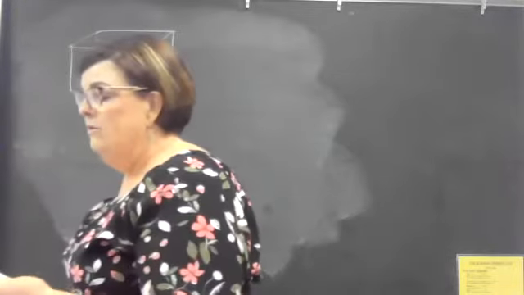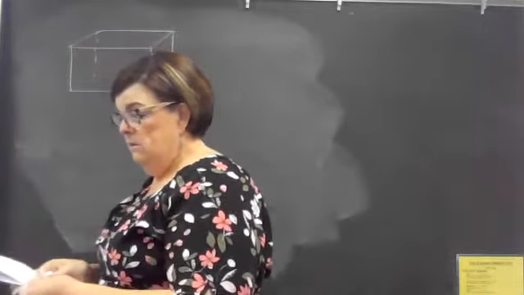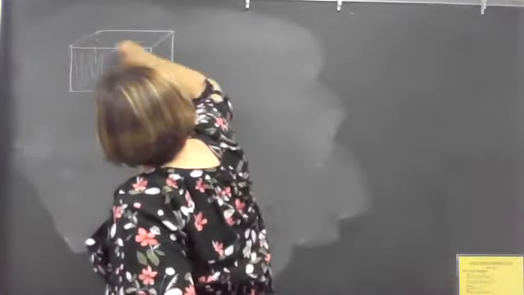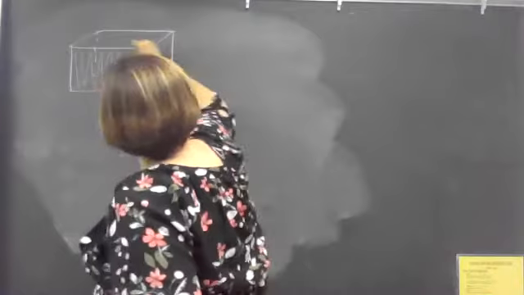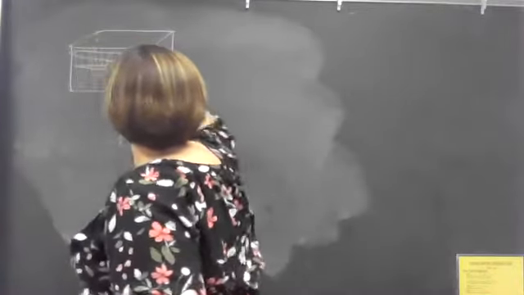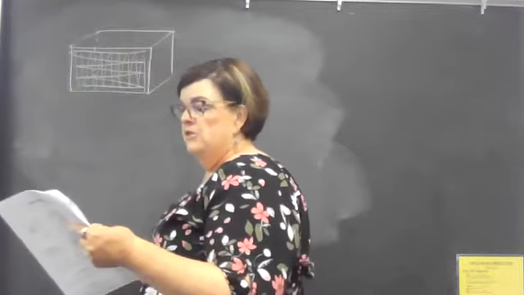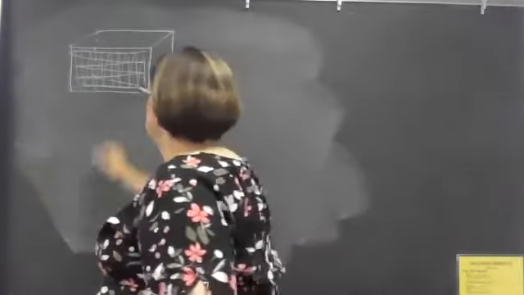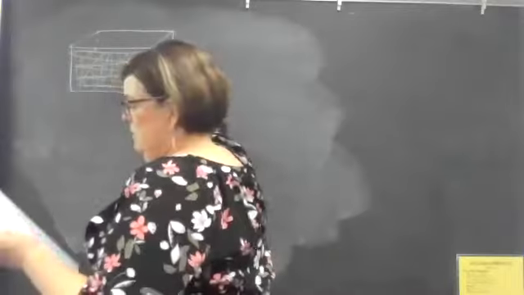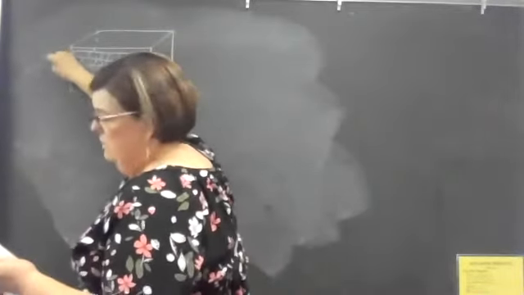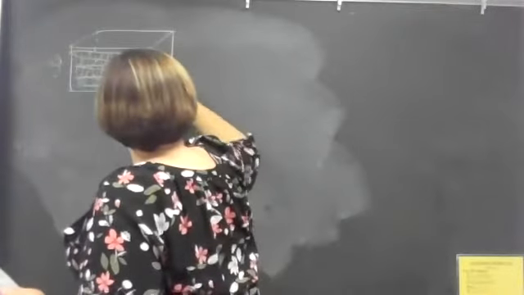So if you can tell, barely, they want you to use the front part as the base. Can you tell that shading? It's really light. So that's the 64, right? The 64 times 32. This is the base. This says 64. This says 32. And this says 28.